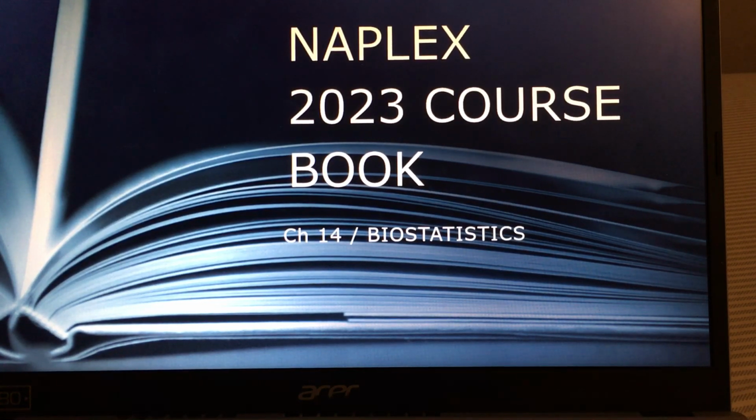So the interpretation of the relative risk reduction is 43%. So metoprolol treated patients were 43% less likely to have heart failure progression than the placebo treated patients.